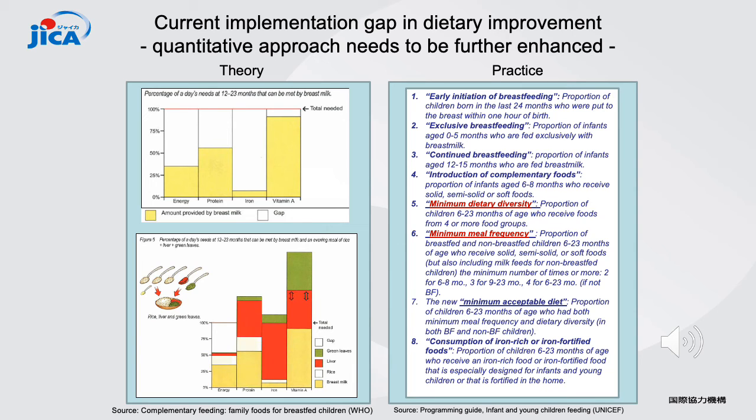So to make it easier, under IYCF, balanced diet is defined as the food which is composed of 4 or more types of food groups, regardless its volume. So this is very simple and easy and implementable in rural community.